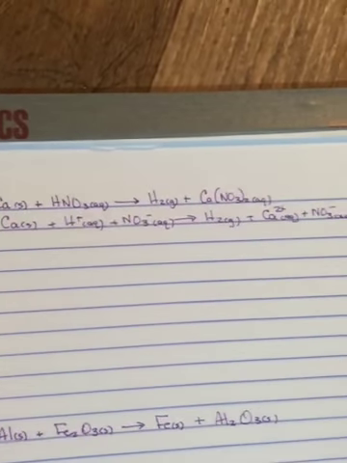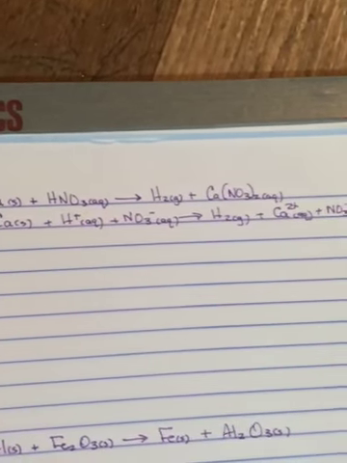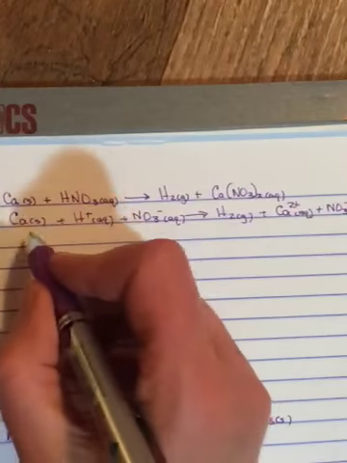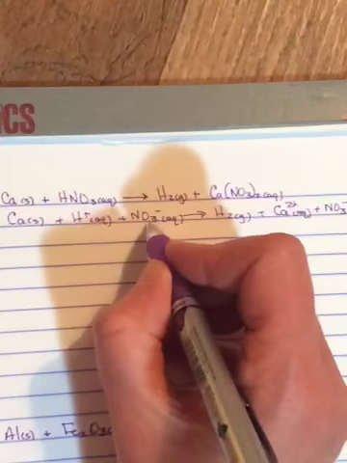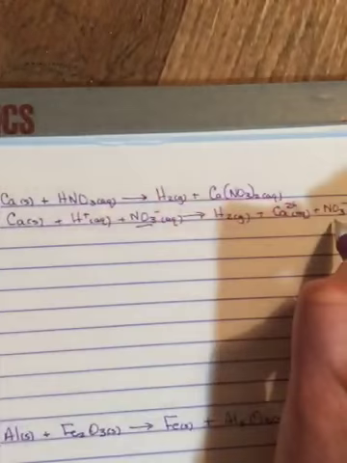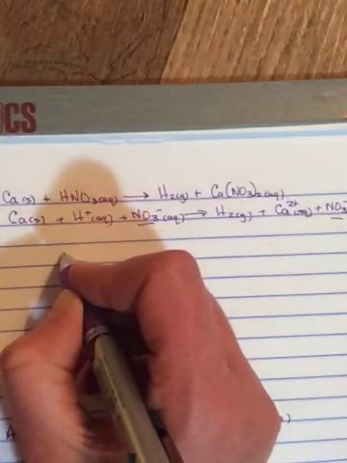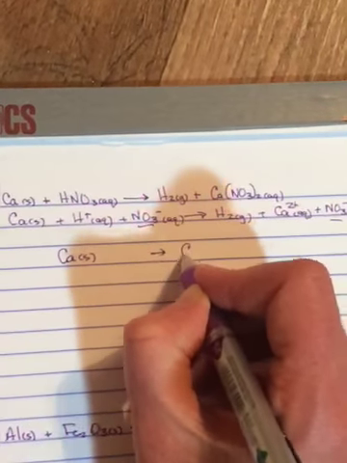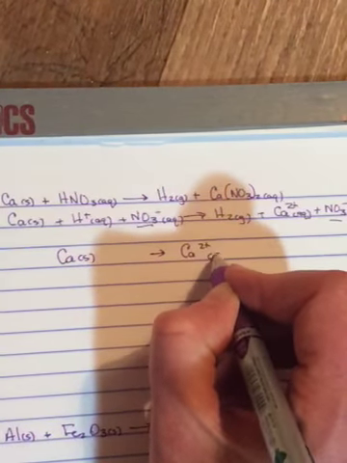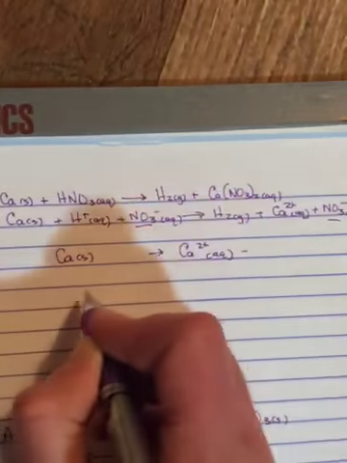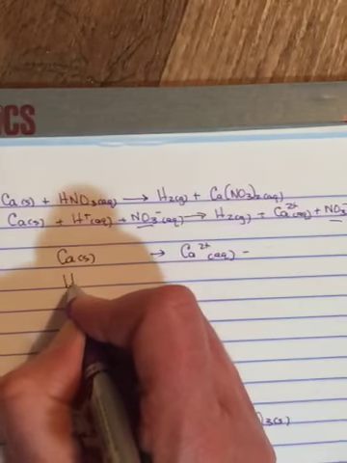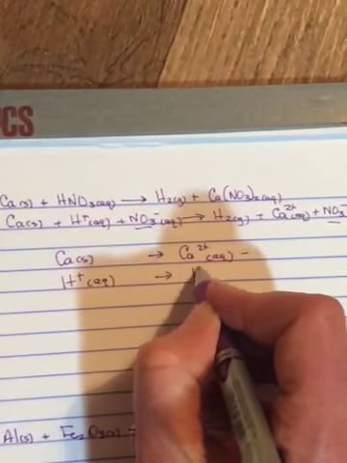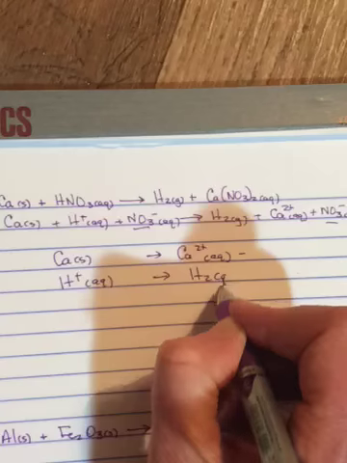So then if we look at the charges, the one that isn't changing is NO3, so it becomes our spectator. And so our two half reactions will be Ca solid going to Ca2 positive aqueous and H positive aqueous going to H2 gas.